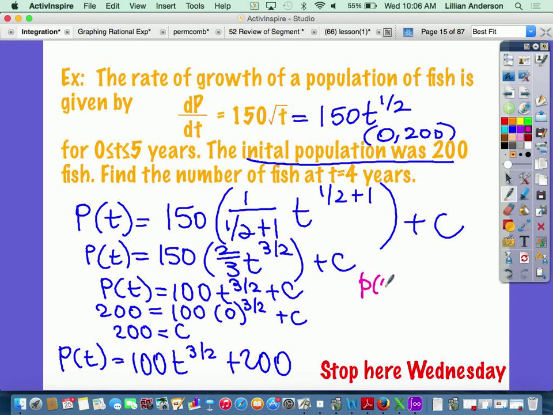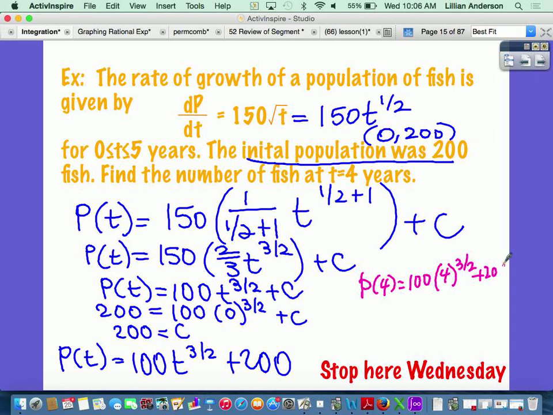So P of 4 equals 100 times 4 to the 3/2 plus 200. Don't need your calculator to do this. 4 to the 3/2 is what? It's 8.